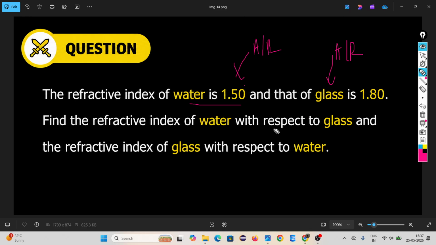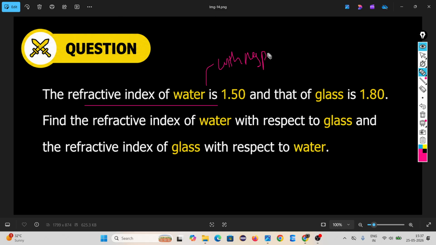Relative. Look, if the question only says the refractive index of water and there is no mention of with respect to any medium, that means it is absolute. Here n of water is given.